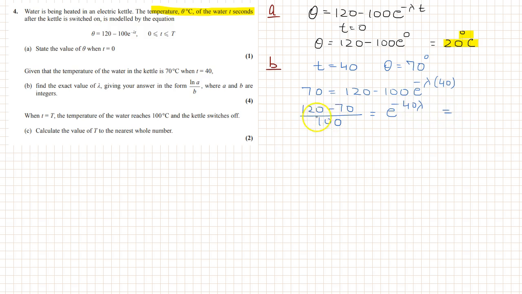So that is equal to 50 over 100, so that is half. So minus 40 lambda is equal to ln half. So lambda will be ln half over minus 40. So that can be written as ln 2 over 40.